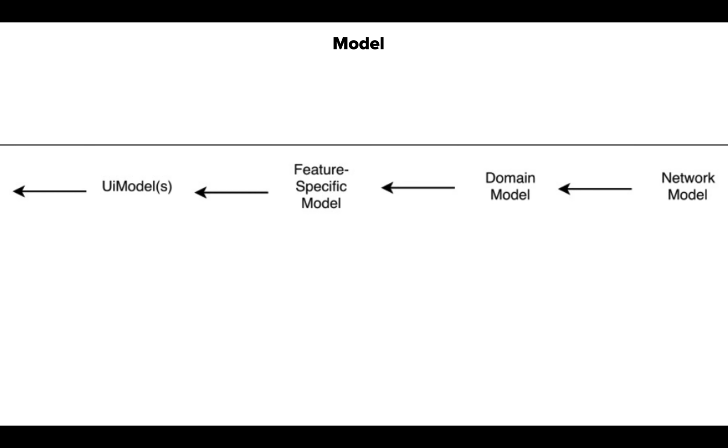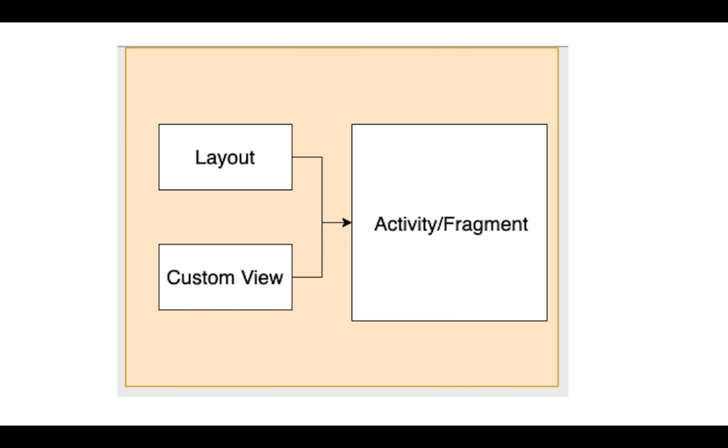Now let's go through one small example of how I ended up using MVVM and MVVMI. First I got one project with some basic use cases or basic scenarios. So I developed the view layer. The view layer contains layouts, some custom views, activity or fragment.